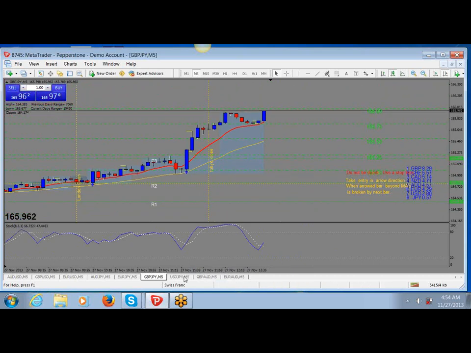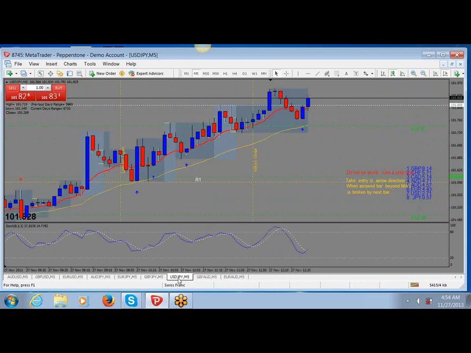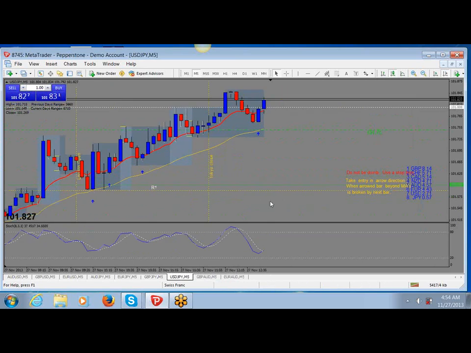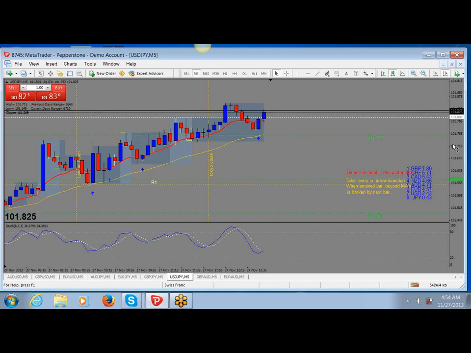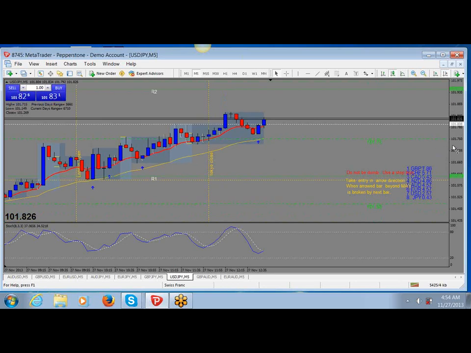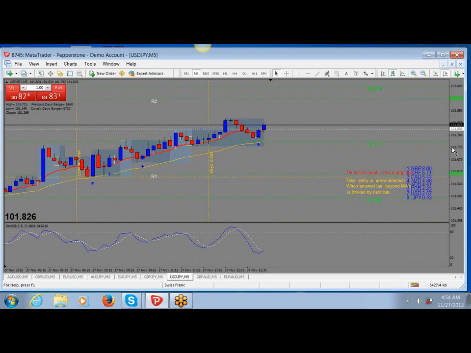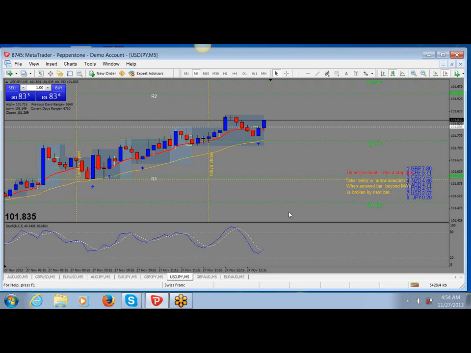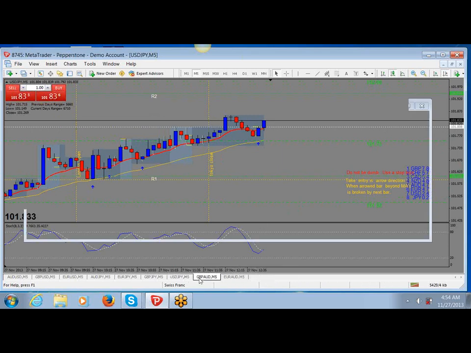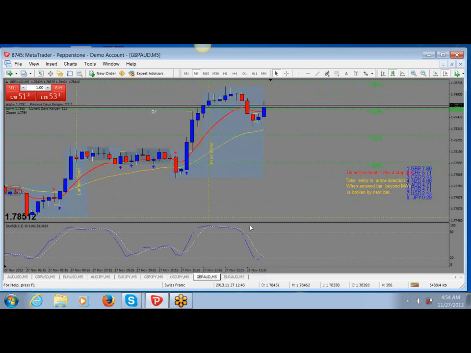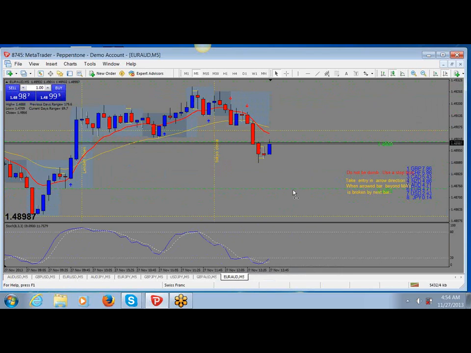This sucker's moving. Rocket. Yeah, I got a feeling this is going to be a good trade right here. This is coming off the 75. Oh well, there's plenty more coming.